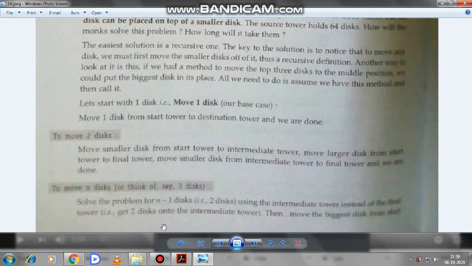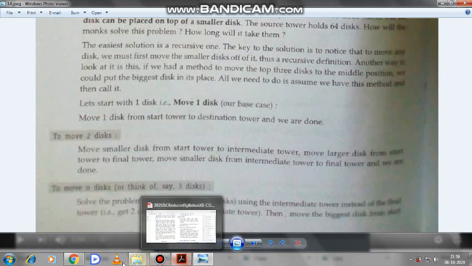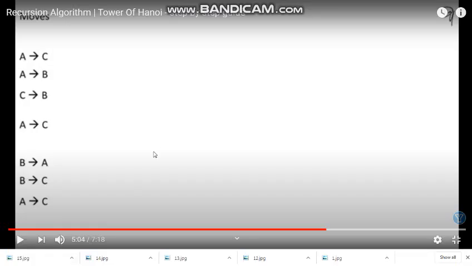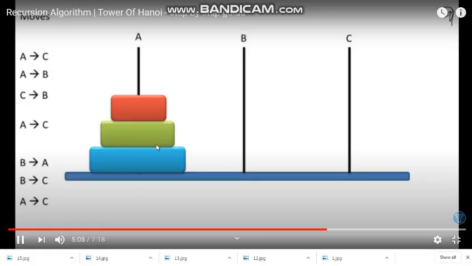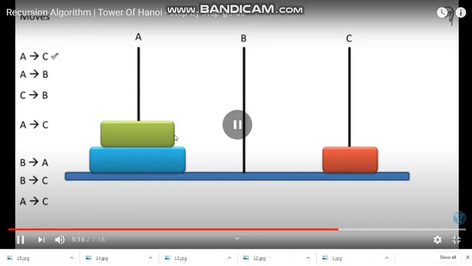You can see the video here. I am showing you, just a minute. A, B, C were three pegs. That is moving from A to C using B as the intermediate step.